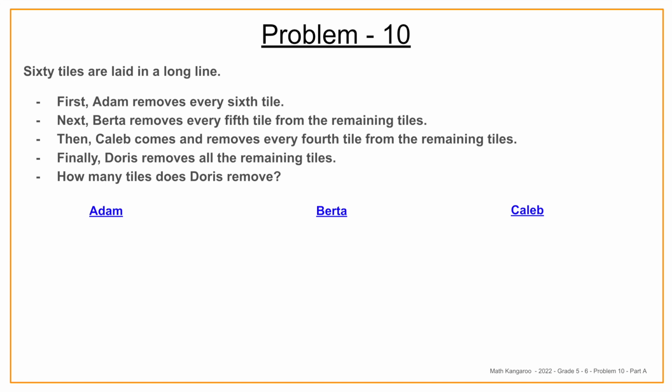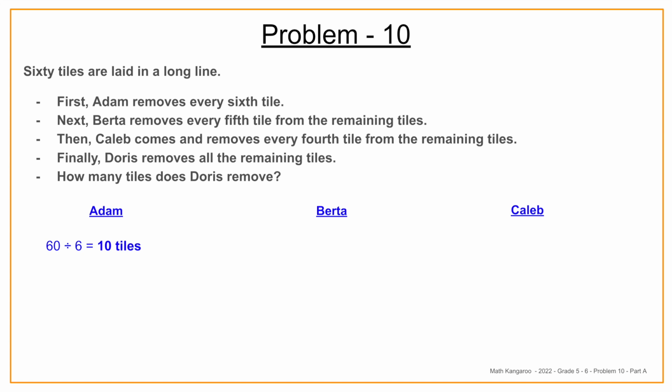We know that there were 60 tiles initially. Then first Adam removes every 6th tile. So 60 tiles are divided in segments of 6. So 60 divided by 6 gets us 10 tiles. So 10 tiles were removed from the stack of 60 tiles.